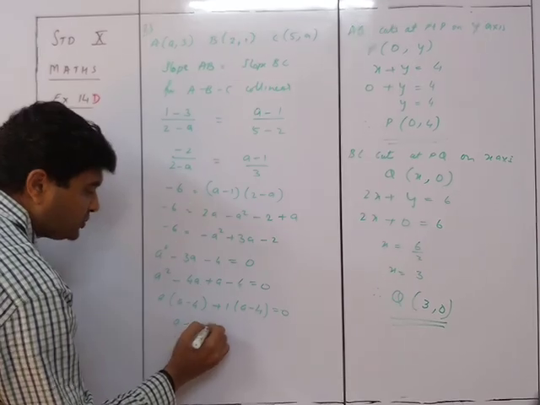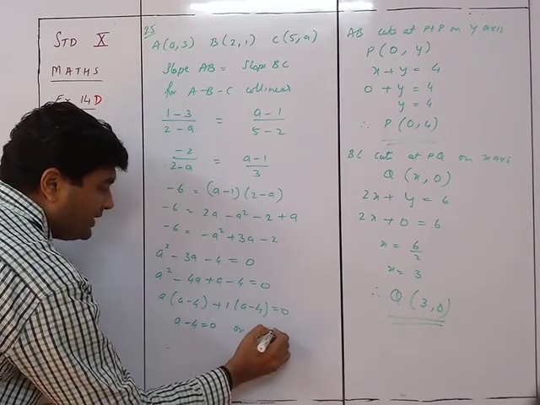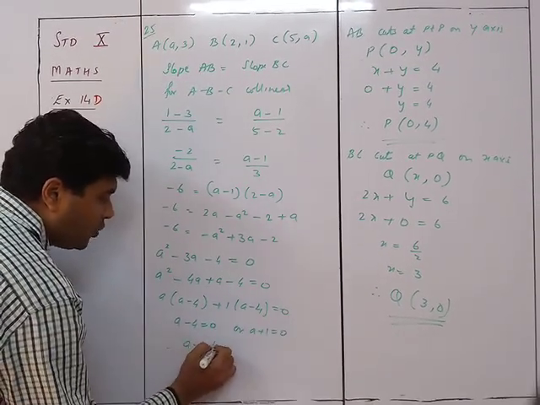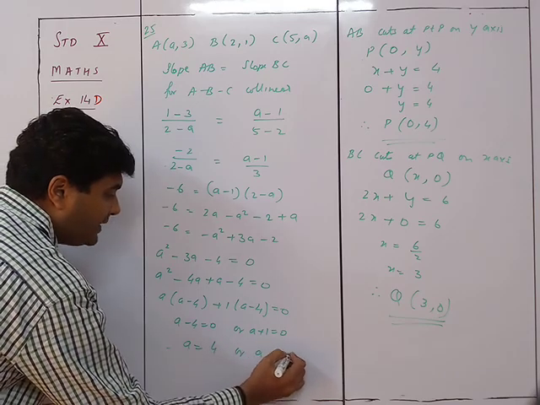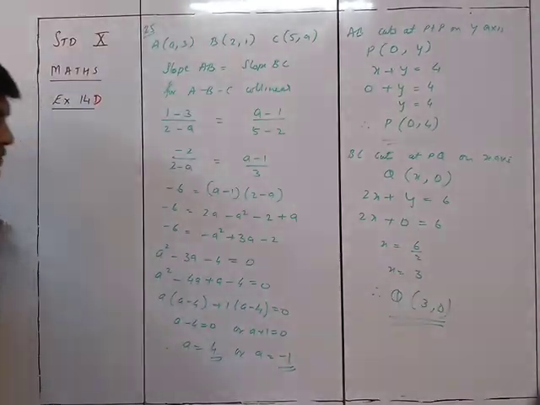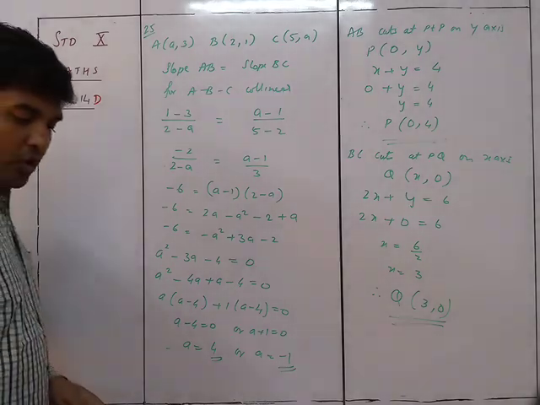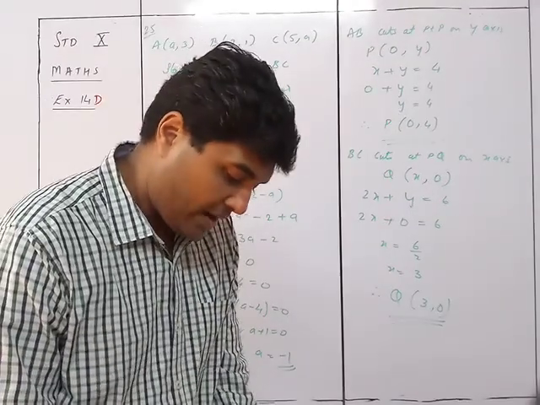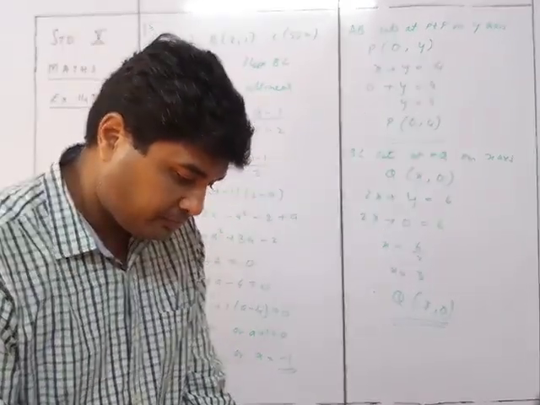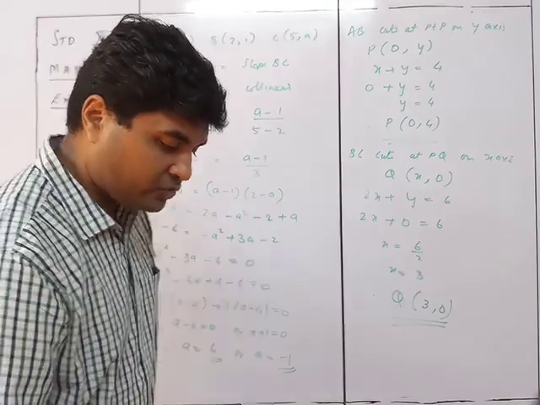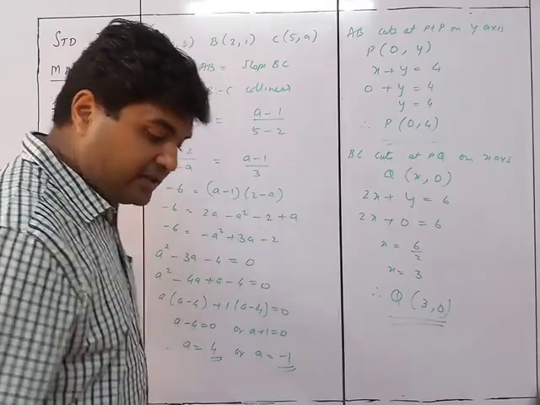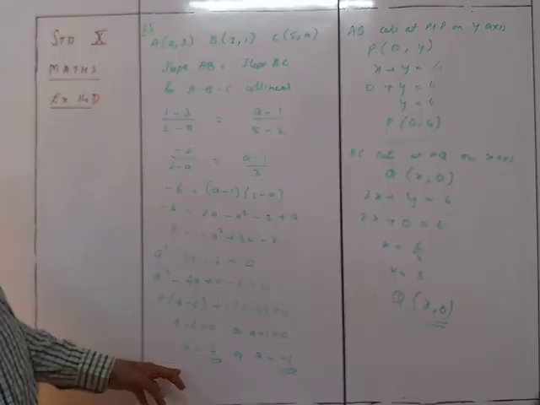So a minus 4 is equal to 0 or a plus 1 is equal to 0. a is equal to 4 or a is equal to minus 1. So that's the value of a, that is 4 or minus 1. That's the last sum, but that's not the end, because we also need to find the equation of the line.